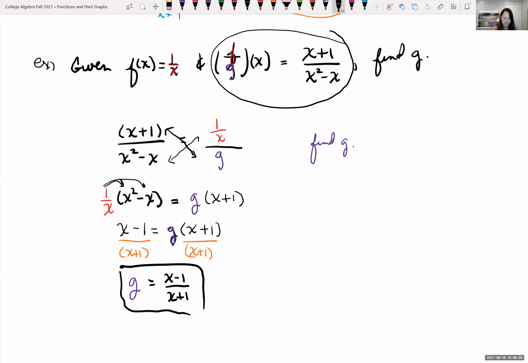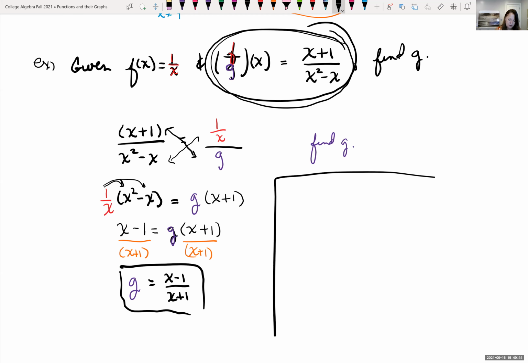And I just want us to show this. Let's go back and show that if we divide f of x by g of x and simplify, we do get x plus 1 over x squared minus x, just to review how to deal with complex fractions. So let's look at f of x over g of x.